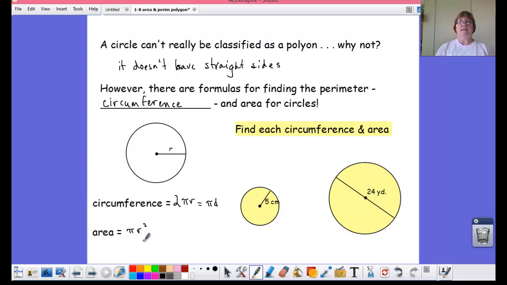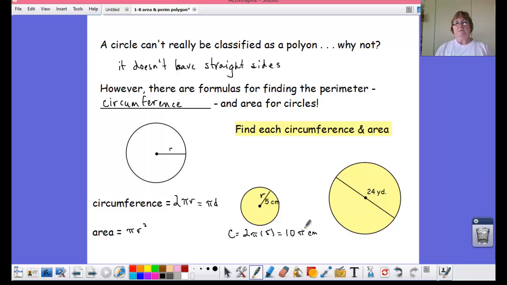They both return the same value. If we're going to find a circumference and area on this circle, we have the radius given as 5, so the circumference would equal 2 times pi times 5. I'm going to leave pi in my answer. Folks, I know you're going to be tempted, so 10 pi centimeters is that circumference.